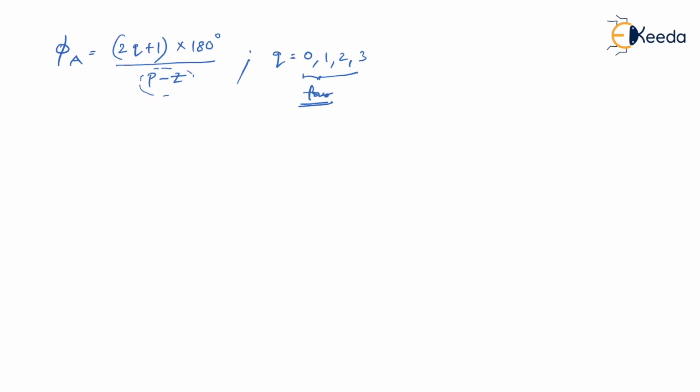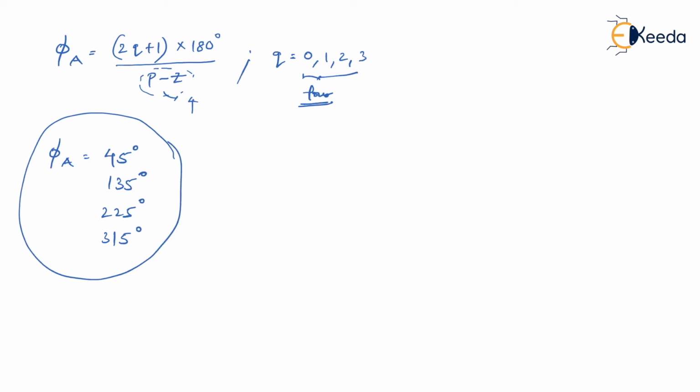Don't forget that P minus Z is the difference between poles and zeros, which is 4 this time. So verify your values: one value you will get is 45 degrees, the other is 135 degrees, the third is 225 degrees, and the last is 315 degrees. So these are the 4 angles of asymptotes you will get.